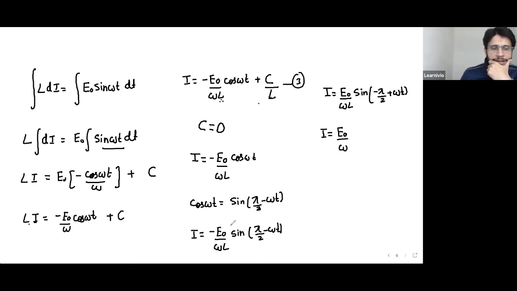I'm just multiplying this negative sign inside: E naught by omega L sine of omega t minus pi by 2. That is equation number 4.